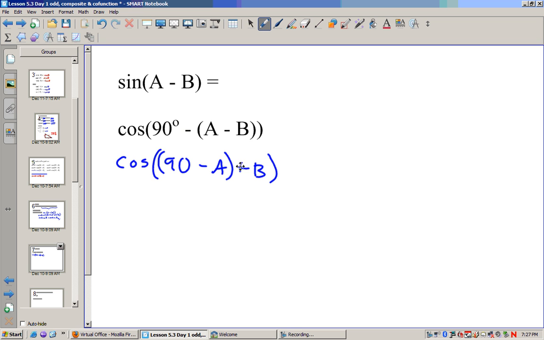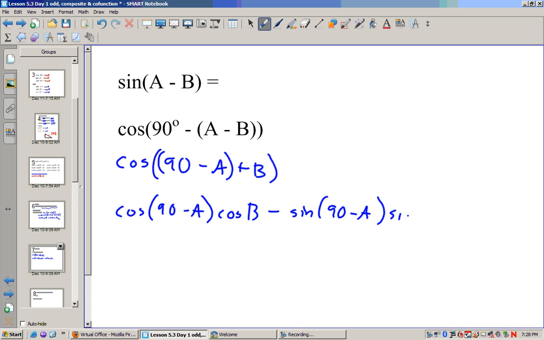So when I expand this with an addition sign, I have cosine of 90 minus A times cosine B minus sine of 90 minus A times sine of B.